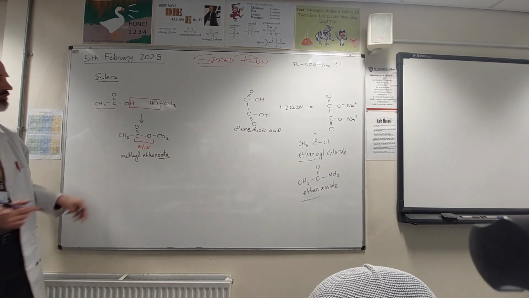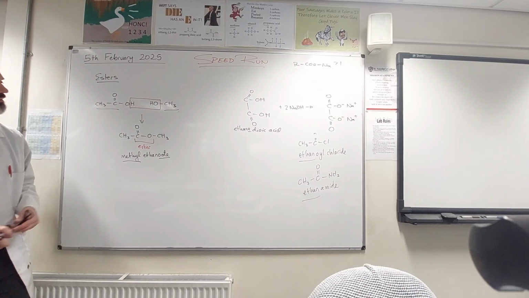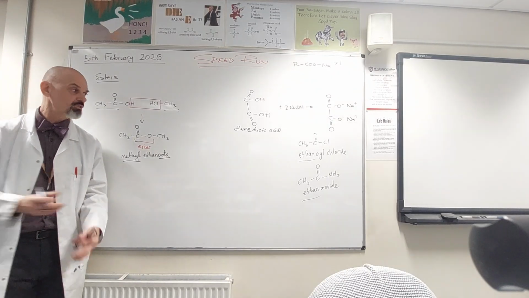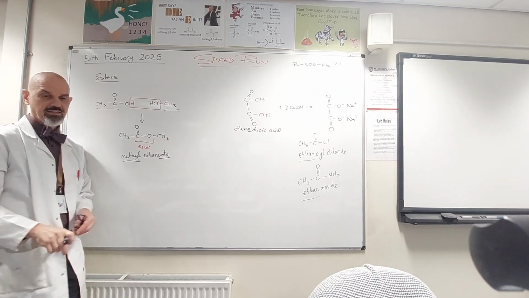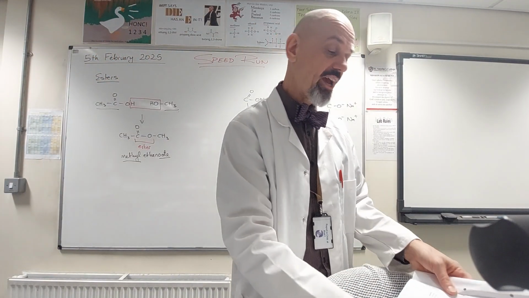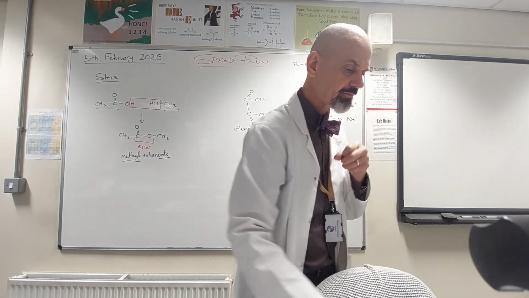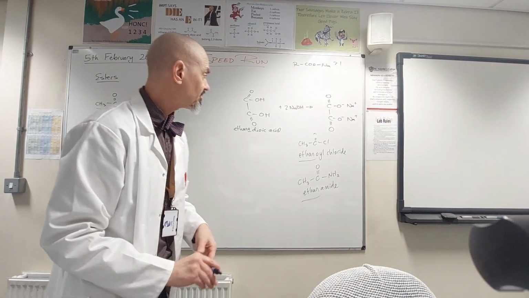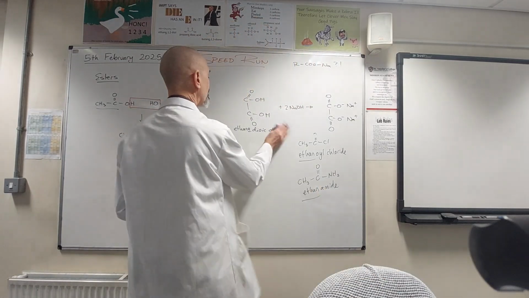And then the methyl group is the alcohol bit that we've added onto the end of the ester. So it's always the alcohol part named first, methyl ethanoate there. And we can have diesters as well, and we can have cyclic esters, which I'll just mention because they'll become important later.